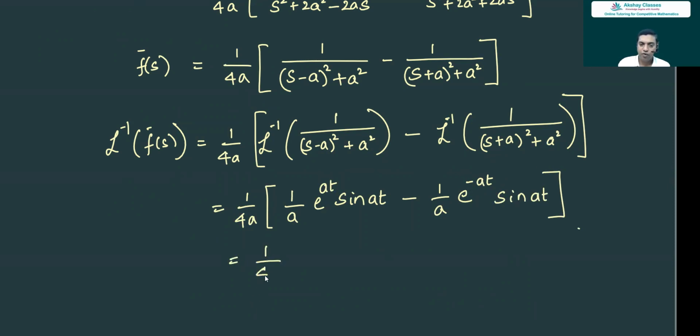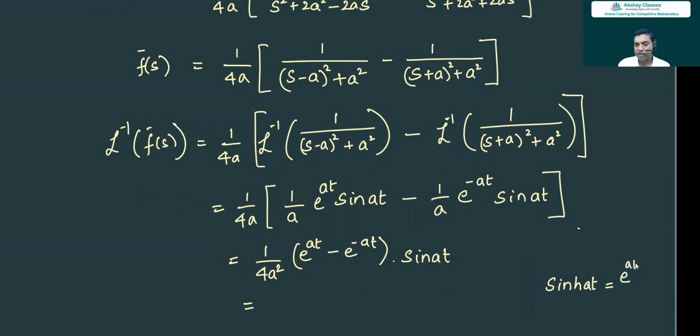So we get 1 by 4a square, e power at minus e power minus at, into sine at. Now you multiply and divide this by 2. What is a sine hyperbolic at?